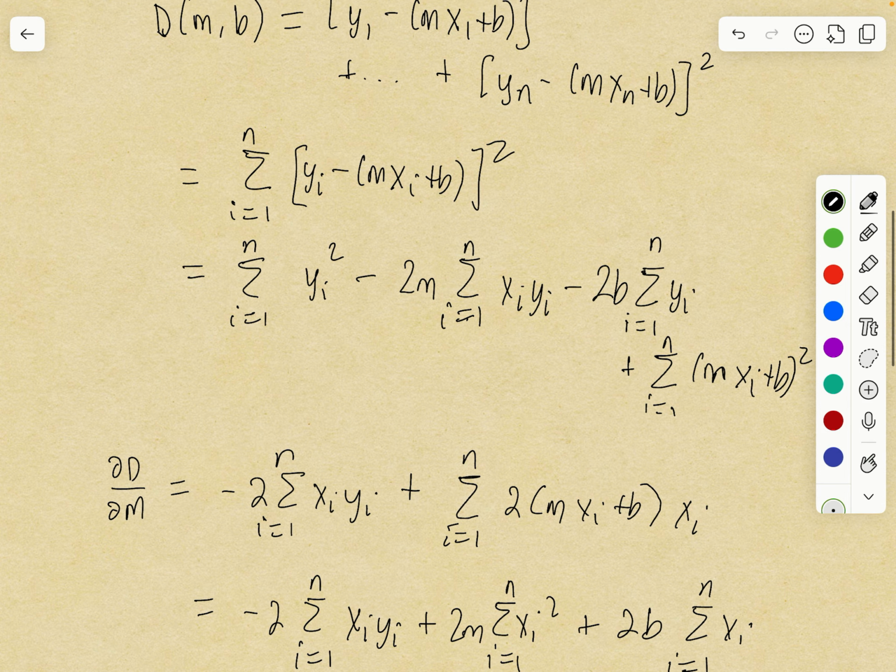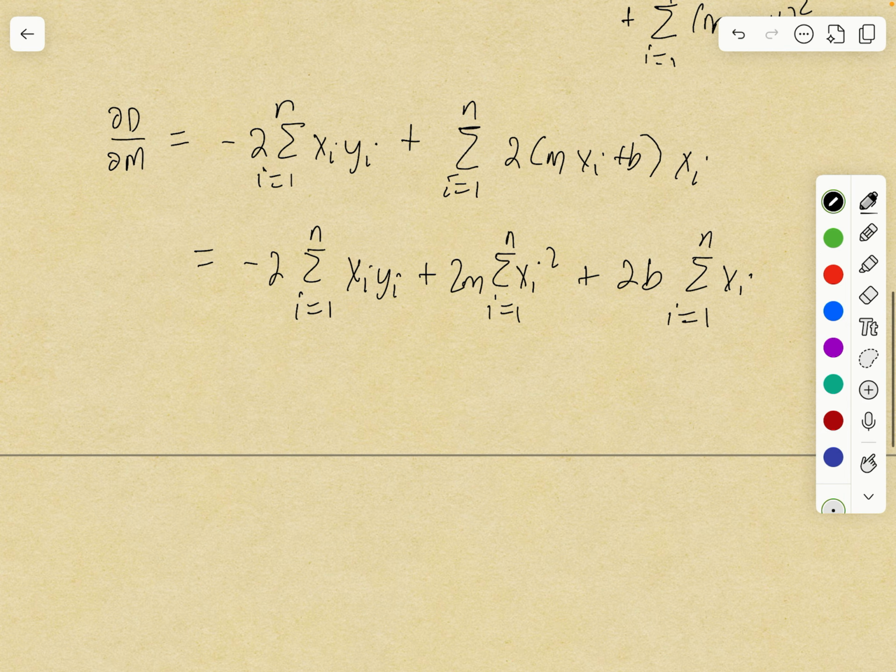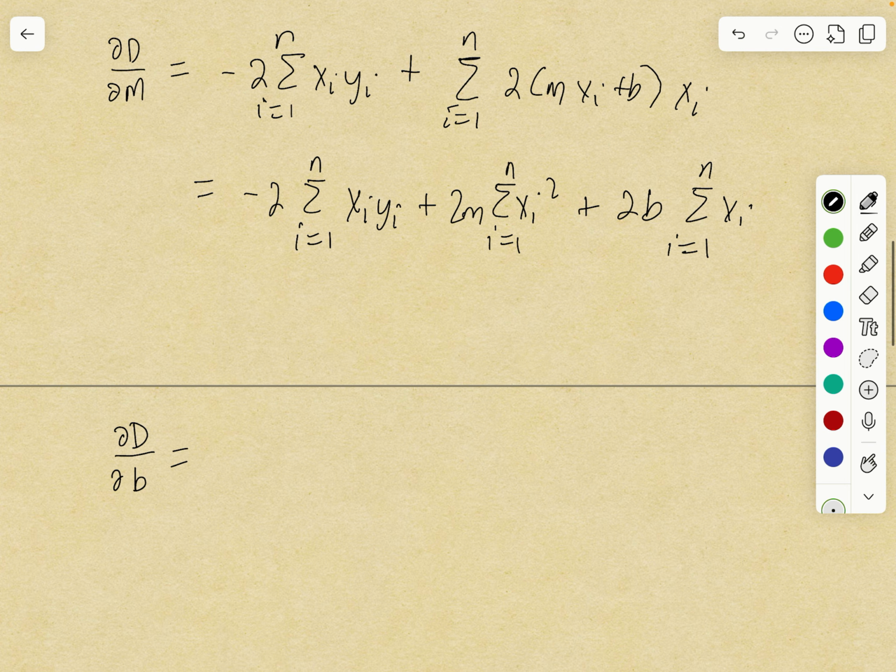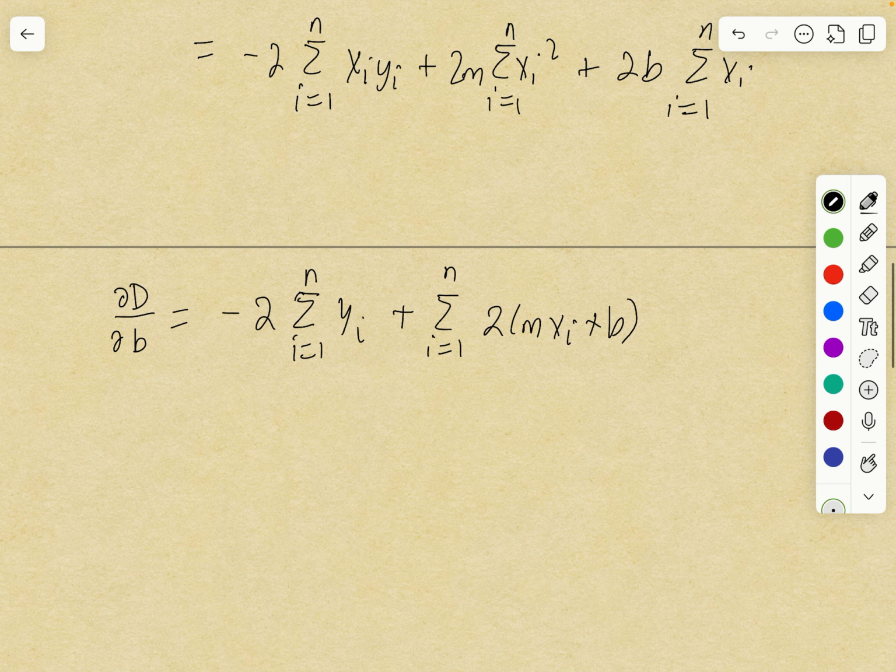Now we need to take the partial derivative with respect to b. And it turns out that you're going to get negative 2 times the sum from i equals 1 to n of yi plus the sum from i equals 1 to n of 2 times (mxi plus b).